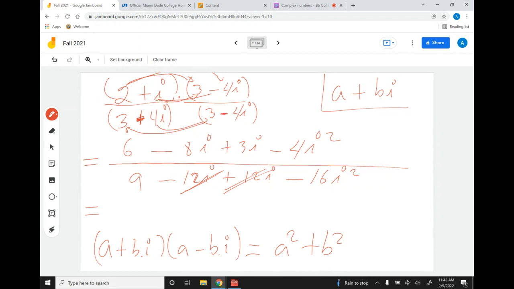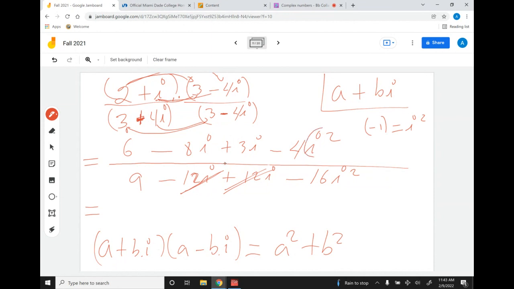Now notice that on the top, since we were not multiplying conjugates, that is, 2 plus i is not the conjugate of 3 minus 4i, the middle terms on the top will not cancel. Also, I'm going to substitute i squared with negative 1.